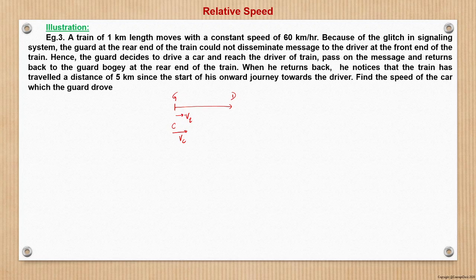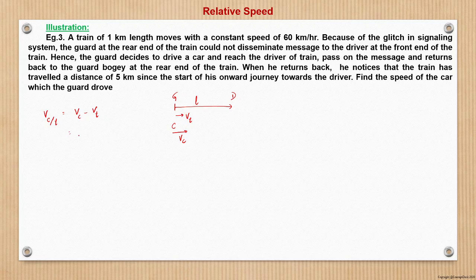So the velocity of car with respect to the velocity of train will be velocity of car minus velocity of train. When we talk about relative velocity of car with respect to train, we can assume that the train is stopped and the car is moving with relative velocity of Vc minus Vt. So what is the distance the car has to travel? In that case, the length of the train, n. Length is given as 1 kilometer, right?